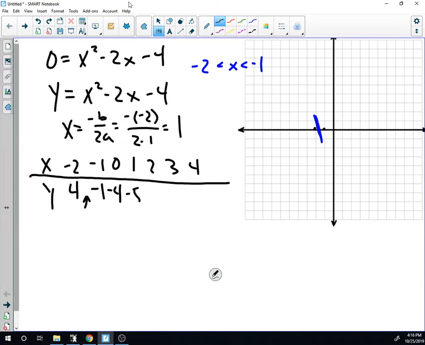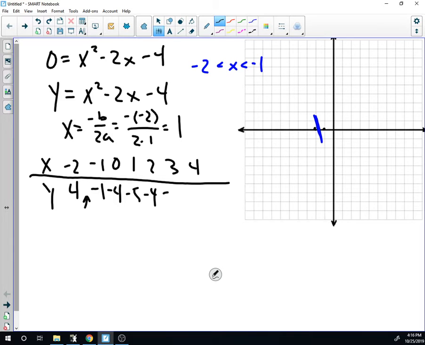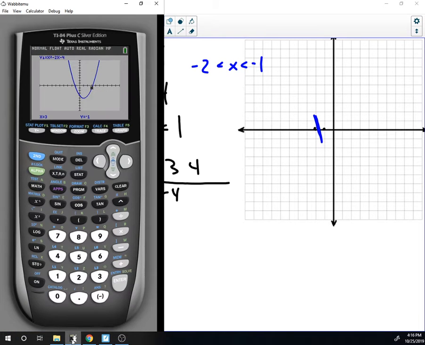I'm betting 3 is going to be negative 1, and I'm betting 4 is 4. Let's see what we get. 3 is negative 1, and 4 should be 4. Hit 4, hit enter, and 4 is 4, so I'm good.